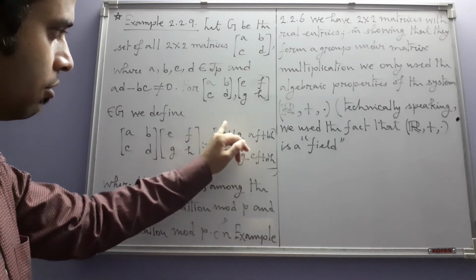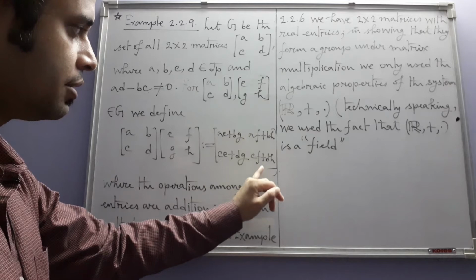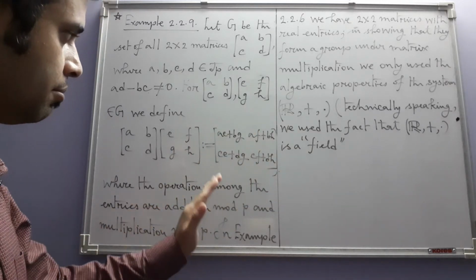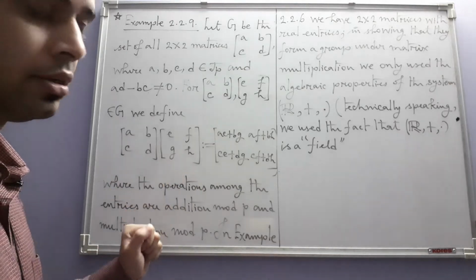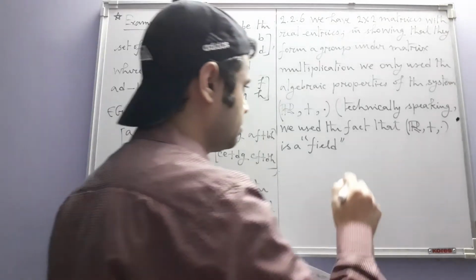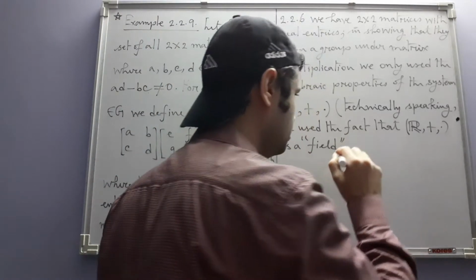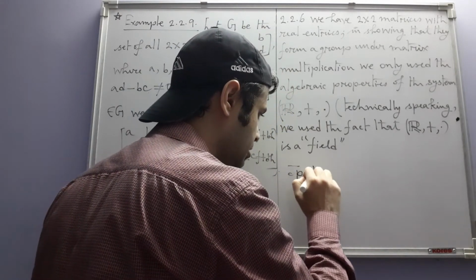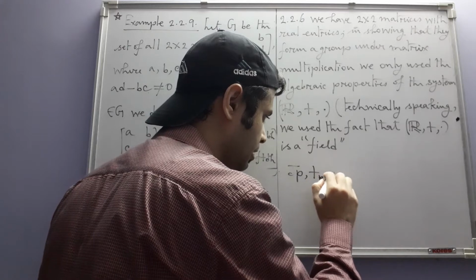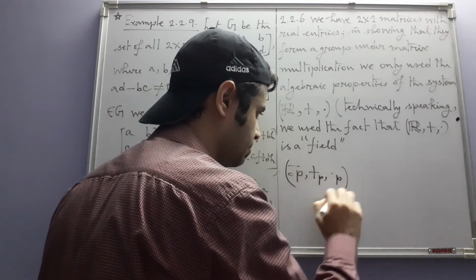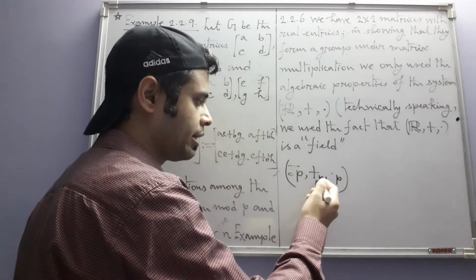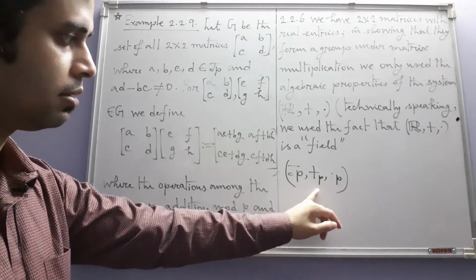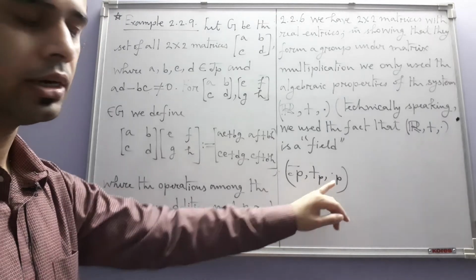But the operations among the entries are something else: addition modulo P and multiplication modulo P. Just to show that they are different operations than ordinary addition and multiplication, we are putting suffix P here.